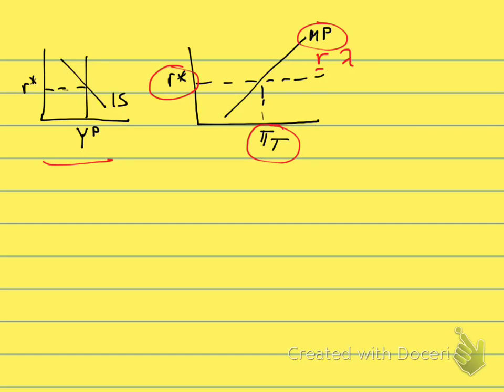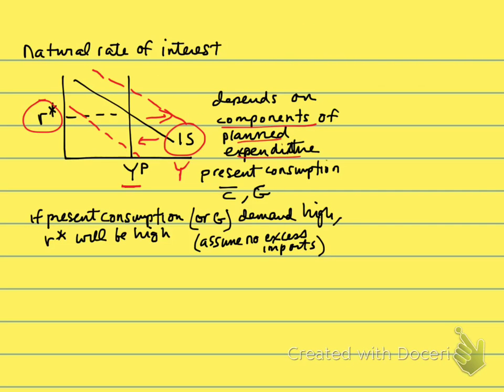And let me go back one other point here. We've talked about this natural rate of interest in the context of a closed economy, but of course we could have an excess of imports. That is, if the rest of the world, in particular China and Asia, are really interested in saving, then the global real rate of interest is going to be low, and so our domestic natural rate of interest will be lower.